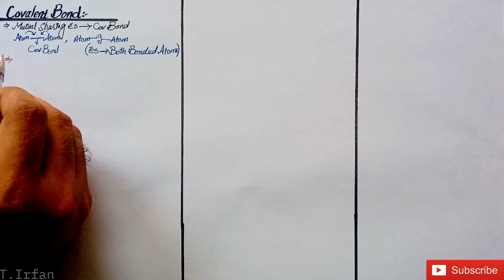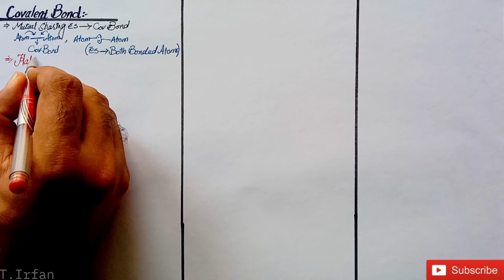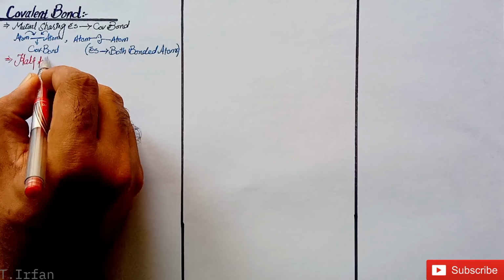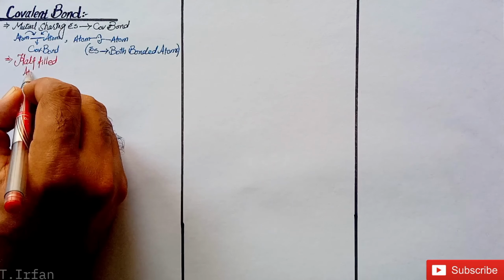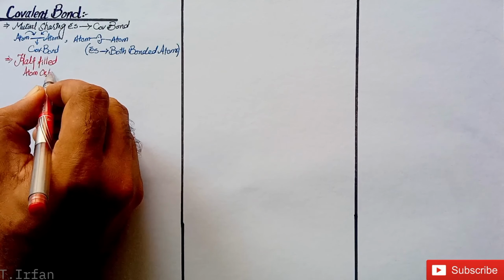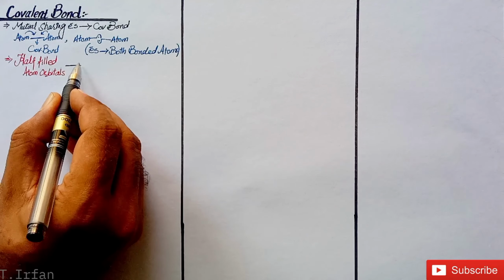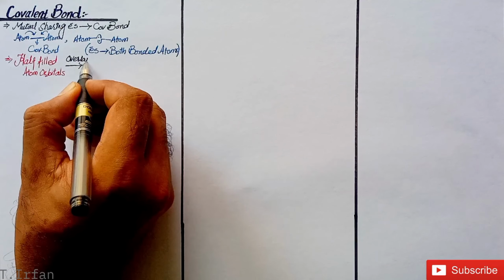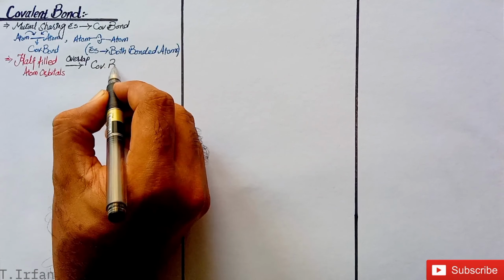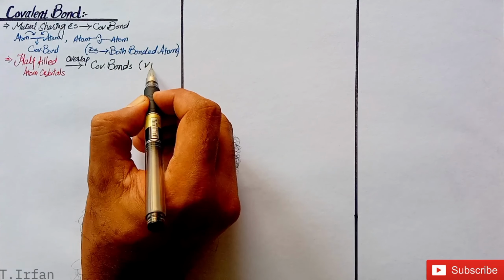These are the half-filled atomic orbitals of atoms which overlap, and after overlapping these form a covalent bond, which we discussed in valence bond theory in the previous video.